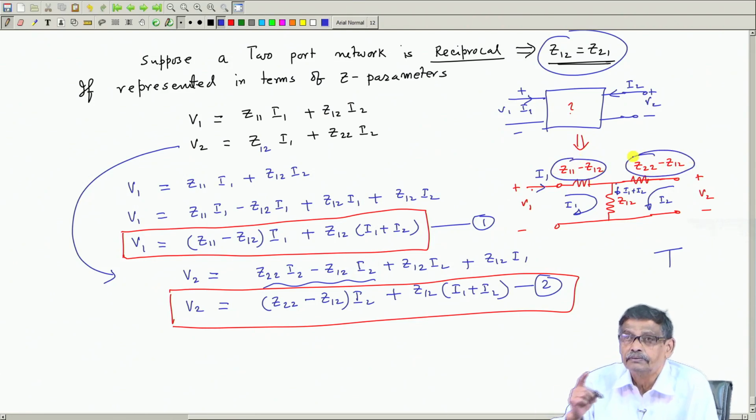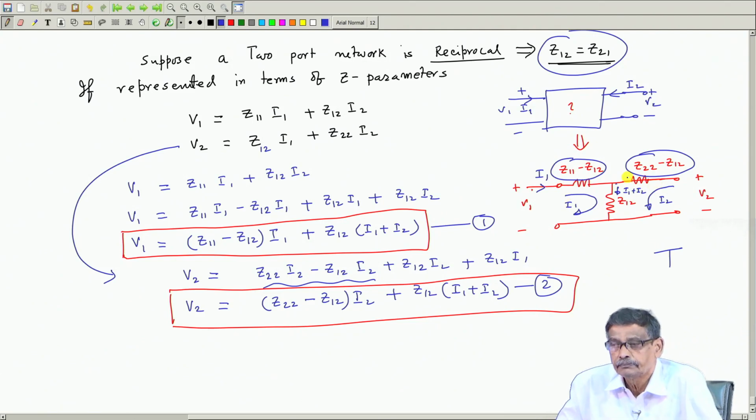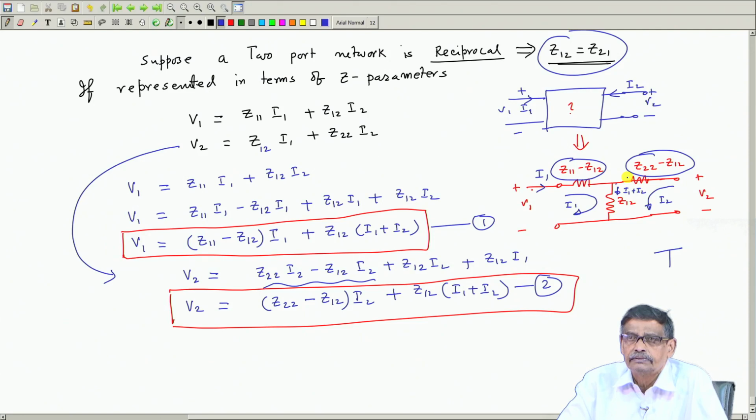Are you with me? I am now telling you something more. Inside this, I can now think of it as a network like this. Got the point? Which was hitherto not known to me.